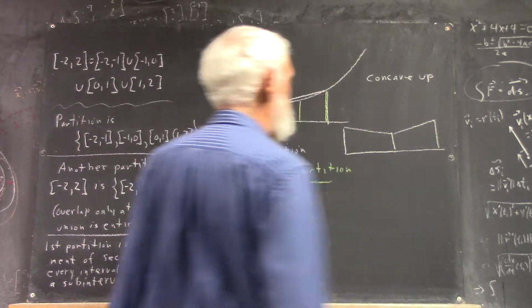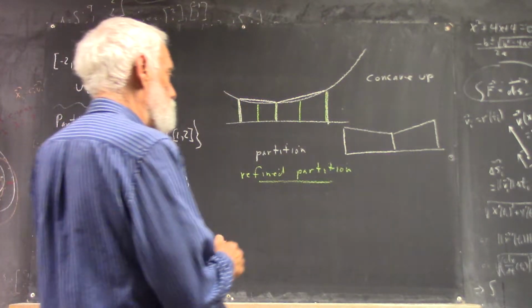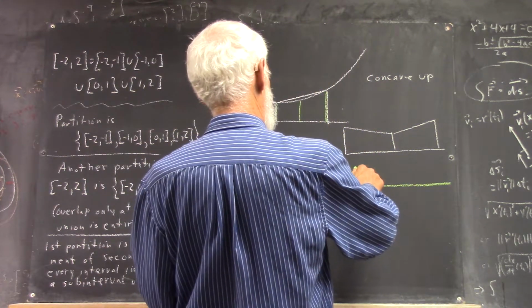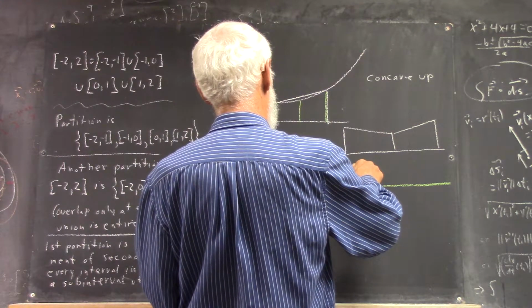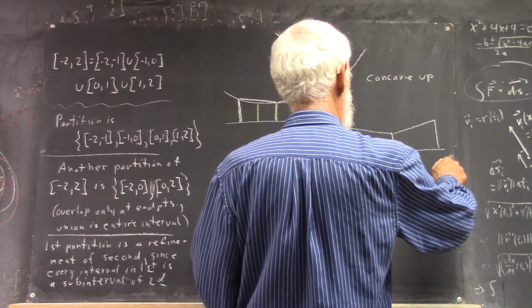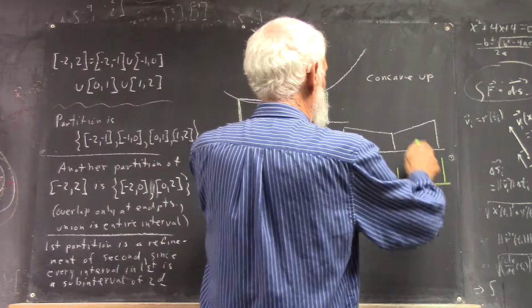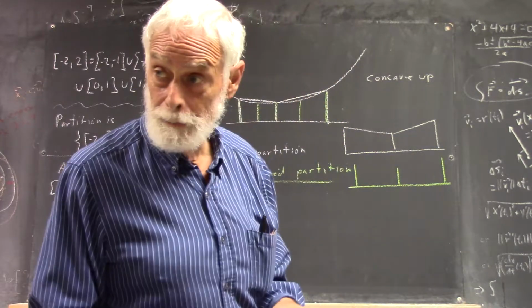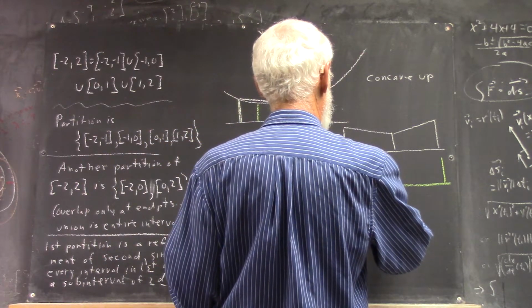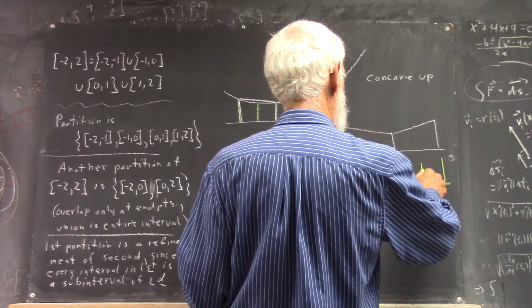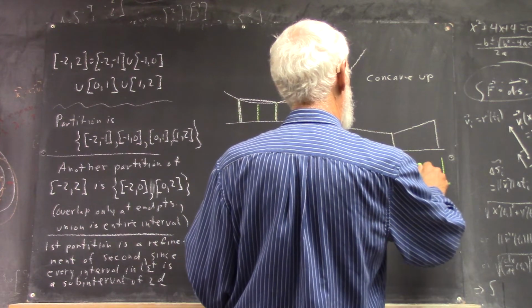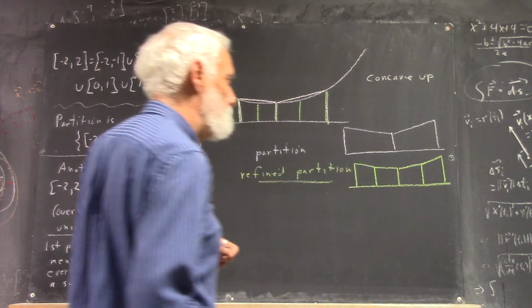They might look like this. On the refined partition, first of all, we have the exact same lines that we have up here, the exact same graph altitudes, but now we've got graph altitudes in between.